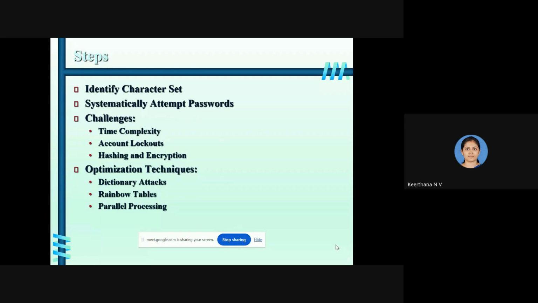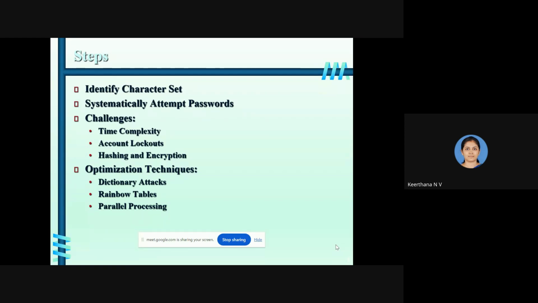The second thing is account lockouts. Many systems implement a lockout process if a certain number of login attempts fail, which makes it more difficult to follow the brute force approach. The third thing is hashing or encryption.